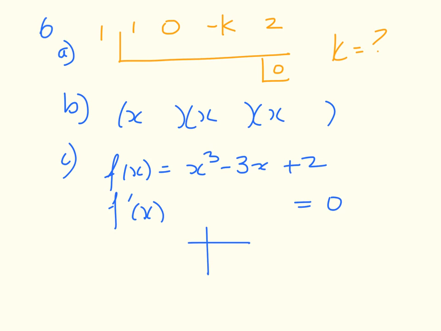We do either our nature table or the second differential method, and that tells us what the stationary points are. Then for part D, we take all that information that we had earlier and we draw the graph. Then we have to find the points of intersection between the graph and the line.